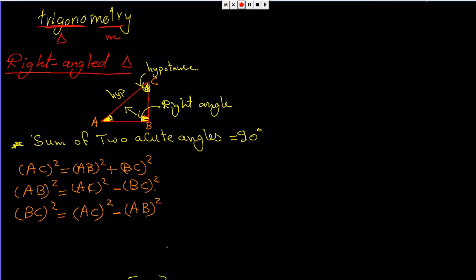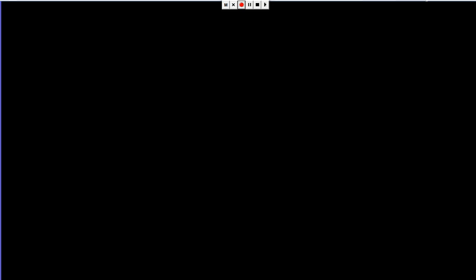Let's see an example. Here in this triangle, it's a right angle triangle with 90 degrees here. If this side is 3 centimeters and this side is 4, what about the third side?